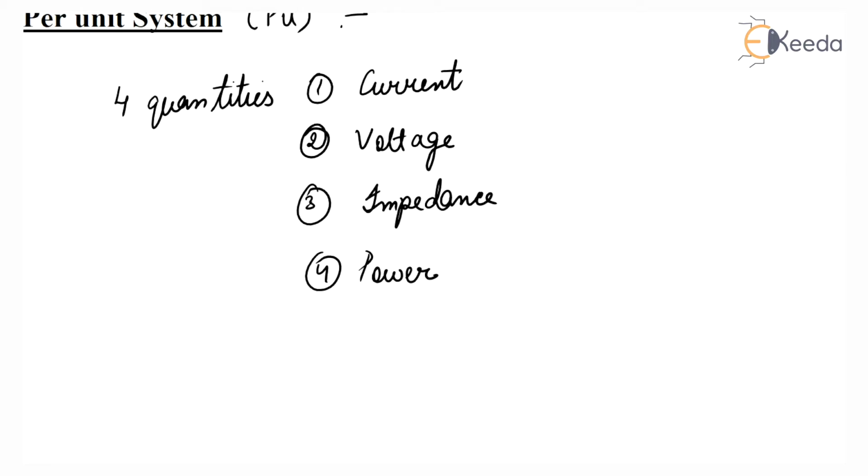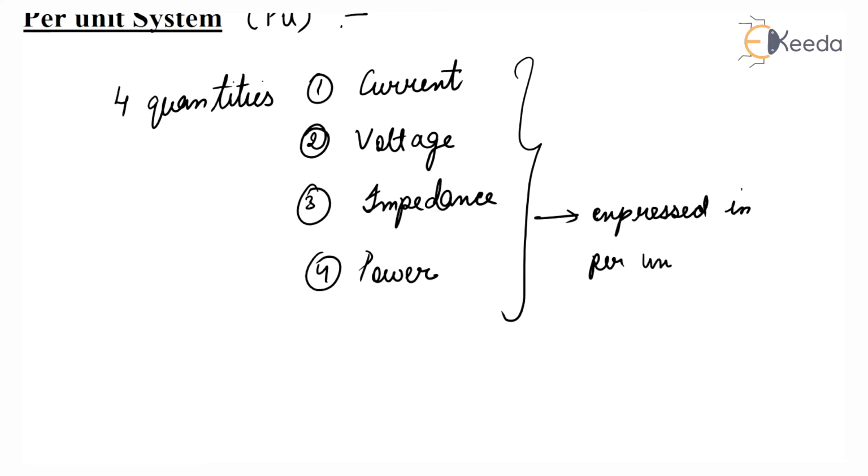Power system quantities such as current, voltage, impedance and power are often expressed in per unit values.